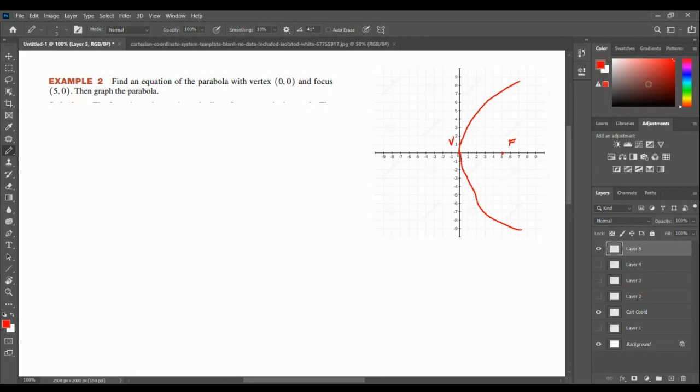Recall that the distance from the vertex to the focus is p, and that equals 5. I need to go the same distance the other direction to find my directrix. So the directrix is right there, and that would be x equals -5. There's my directrix.